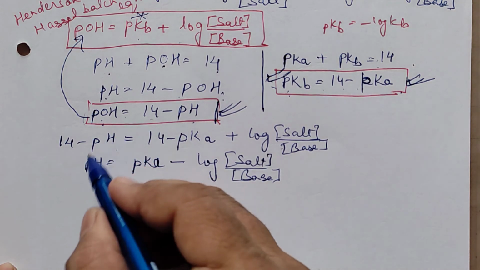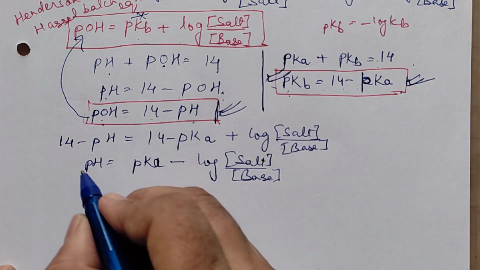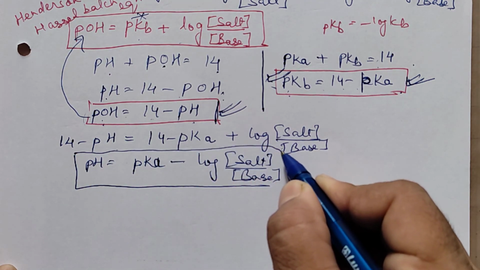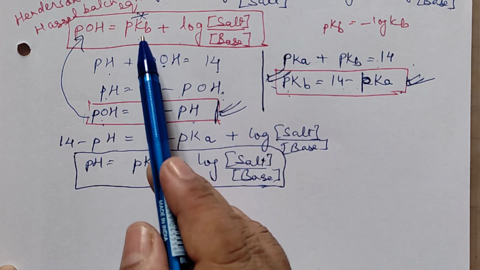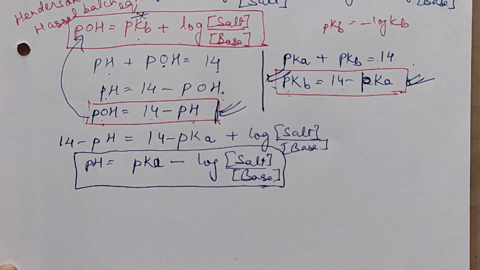So if I cancel out the 14 and whatever things are common, I will get one more form of the equation. I'm not telling you this is wrong. That depends upon what is given in the question. If the Kb part is given, we'll be using this. Sometimes in multiple choice questions, you are only asked to identify which is the correct formula for the pH of the basic buffer. So I just told you the alternative way. So this is the alternate formula for the pH calculation for the basic buffer.